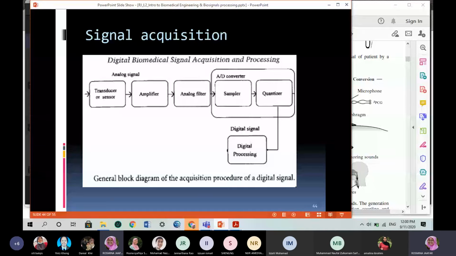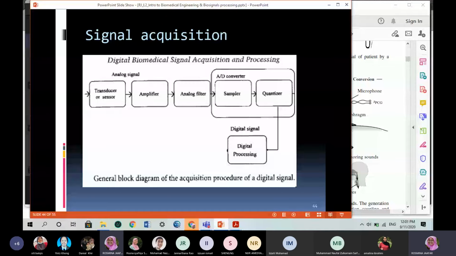You digitize it, so you have an analog filter and then an AD converter, and then you have the digital signal.